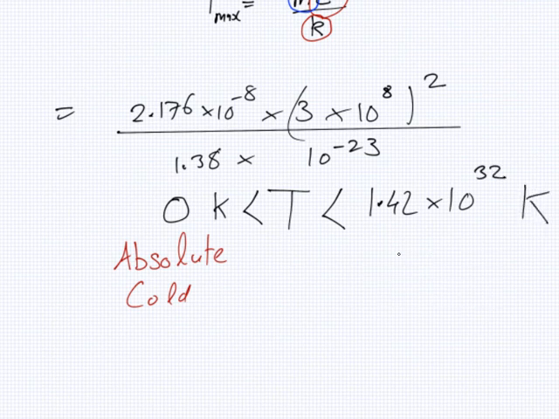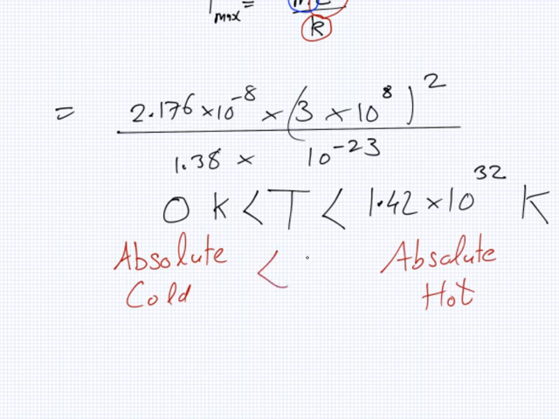If absolute cold is 0 Kelvin, then we actually call this absolute hot. So we actually have limits on our temperature from 0 Kelvin to 10 to the 32 Kelvin. This is a very large limit.